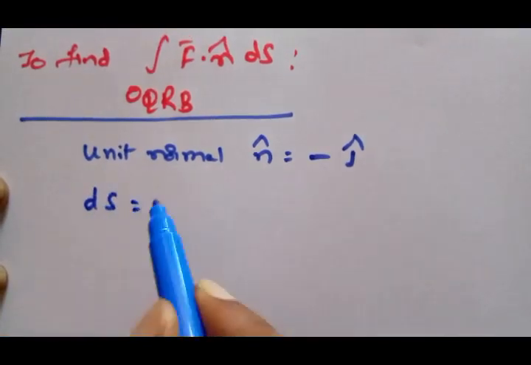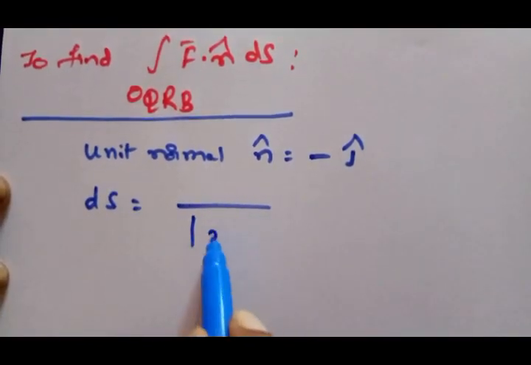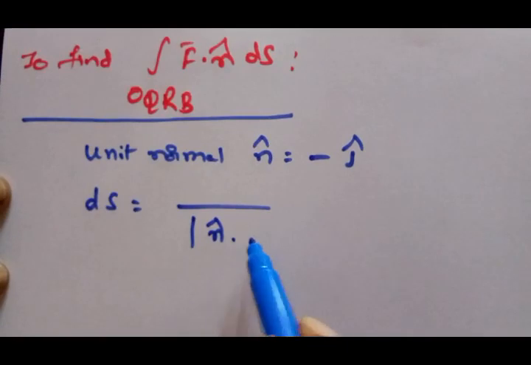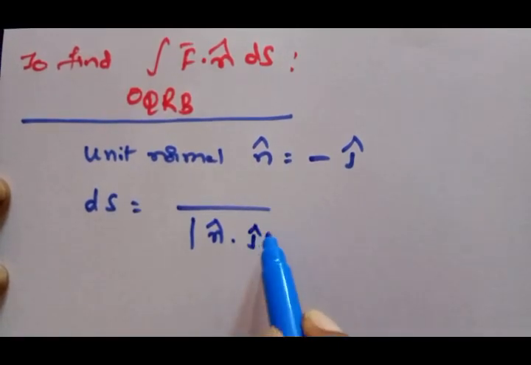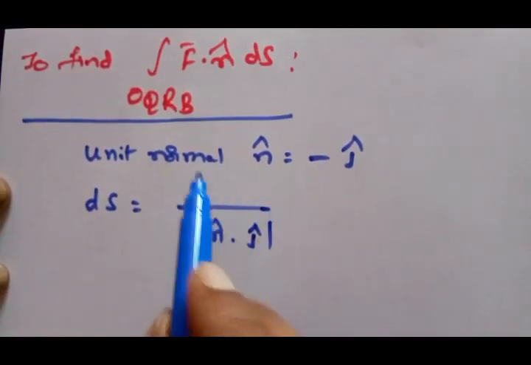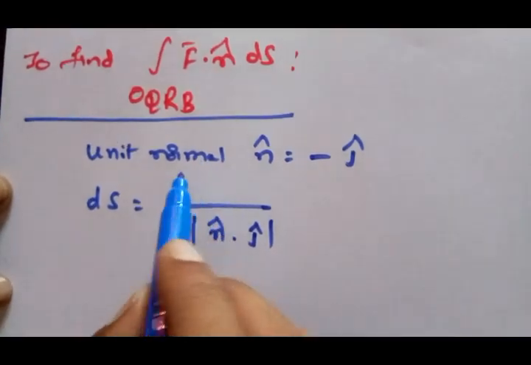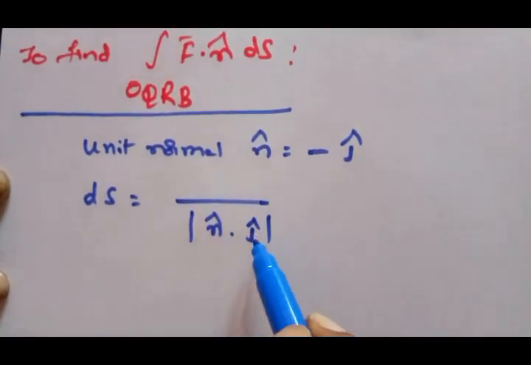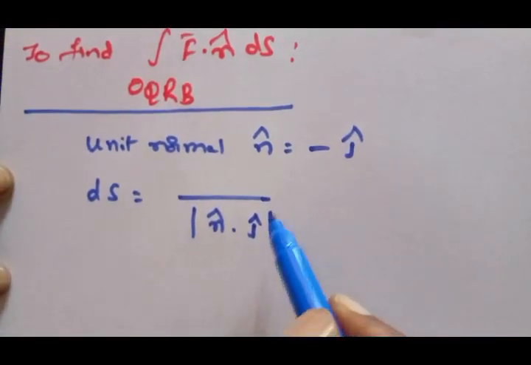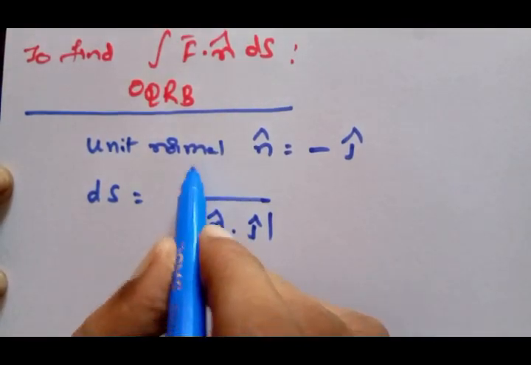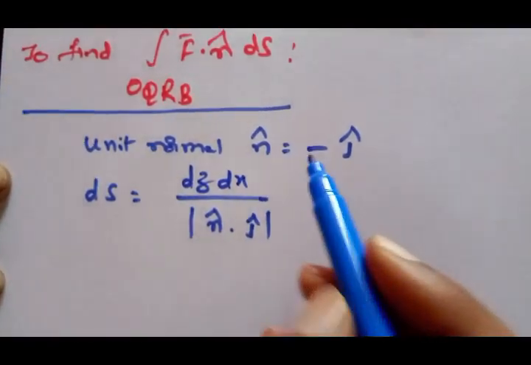Therefore ds is equal to dz dx by modulus of n cap dot j cap, where j cap is the unit vector along the y-axis. Therefore the y-axis is perpendicular to the zx plane.